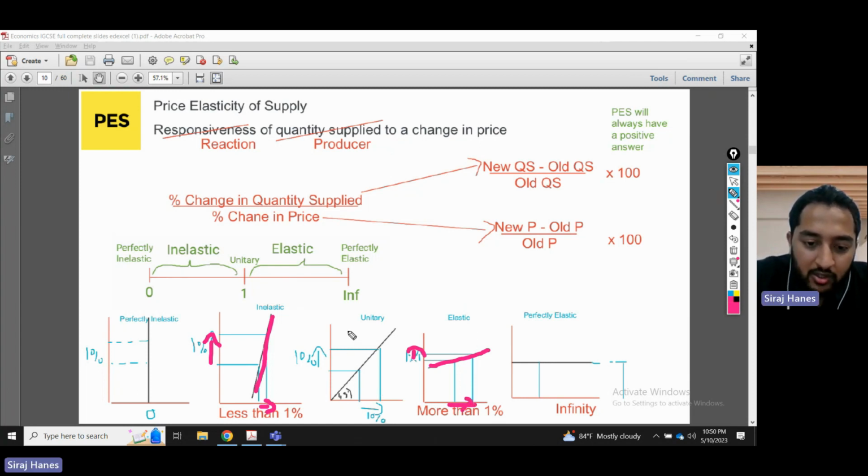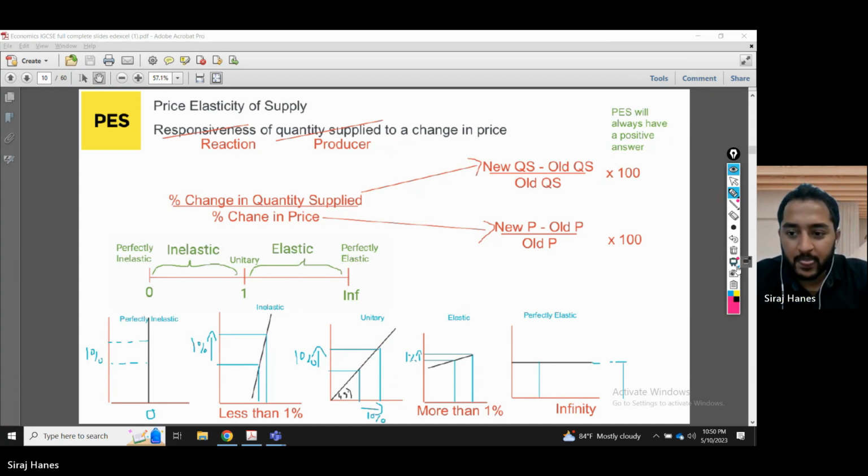And then you have unitary. Now in demand, unitary looks like this, but this is not the case. Unitary is a 45-degree line from the axis. That means if there's exactly a 1% rise in price, there'll be an exact 1% rise in the quantity as well. Now 1:1 change. Same as the previous one, just that the curves look slightly different. The rest of them are all the same.